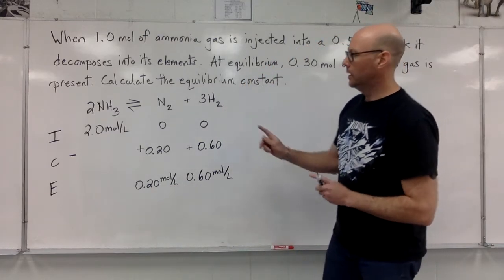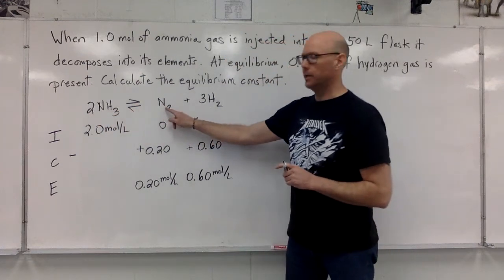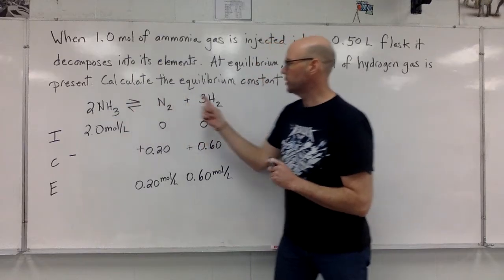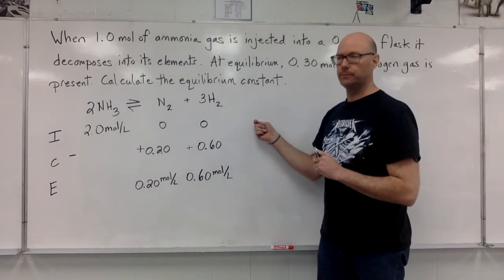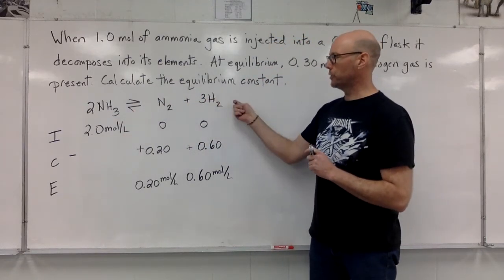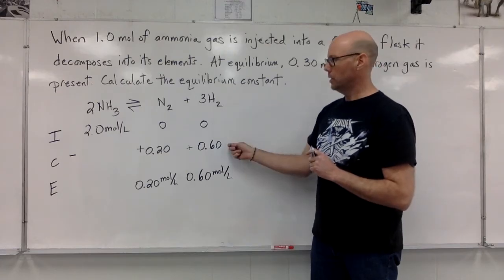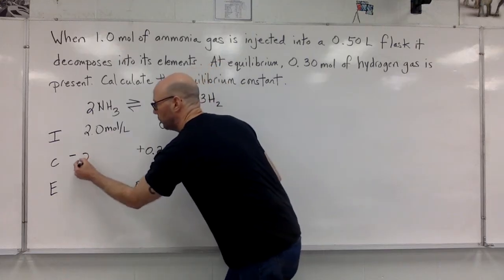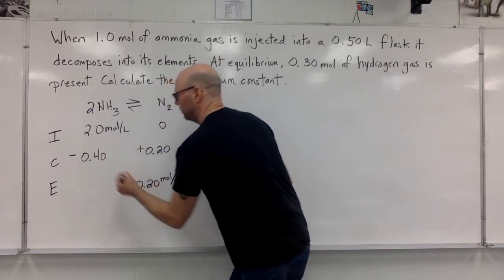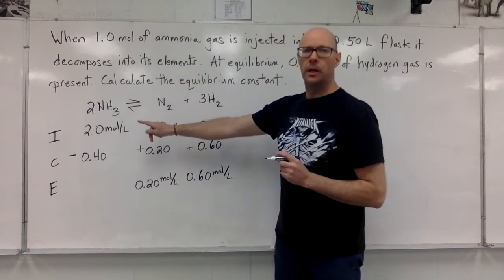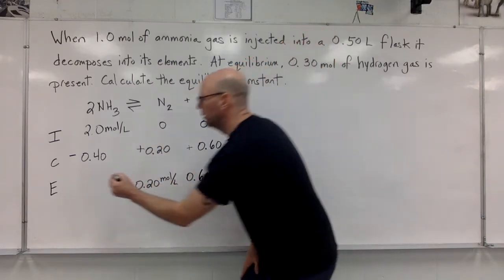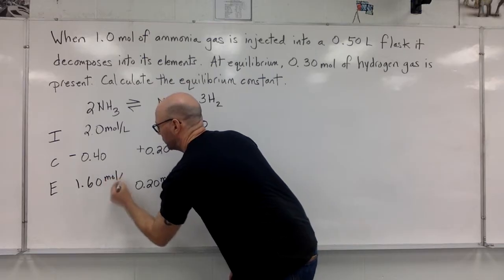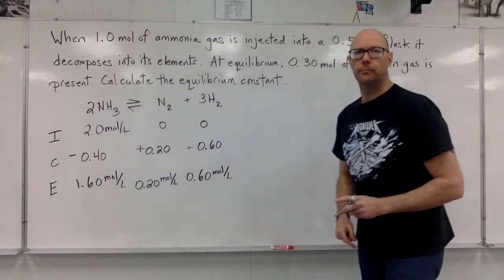The ammonia had a 2 to 1 change versus the nitrogen, or a 2 to 3 ratio with the hydrogen. So it was 2/3 the change of the hydrogen, or double the change of the nitrogen, 0.4. And then 2 subtract 0.4 is 1.60 moles per liter.